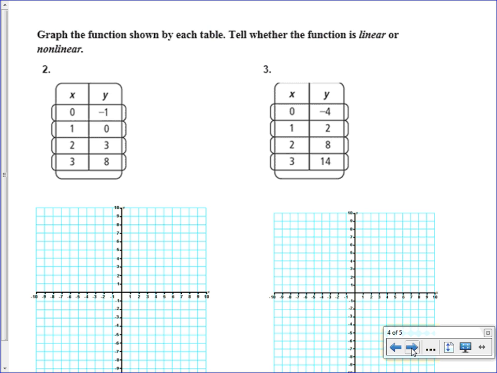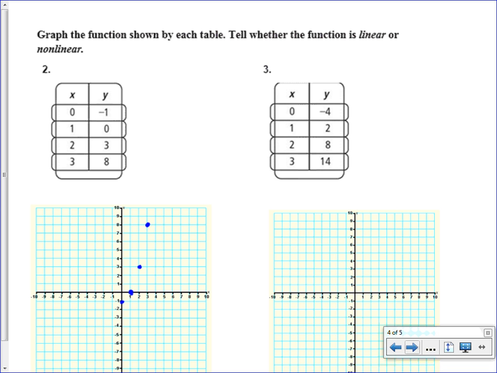Okay, next two. Why don't you try graphing them quickly on your own, and then we'll take a look at them. If I were to graph the first one and try to determine whether it's linear or not, they kind of look linear.